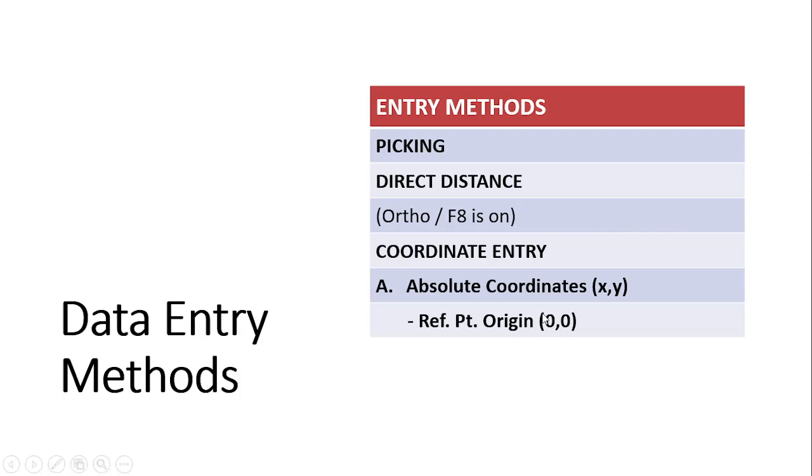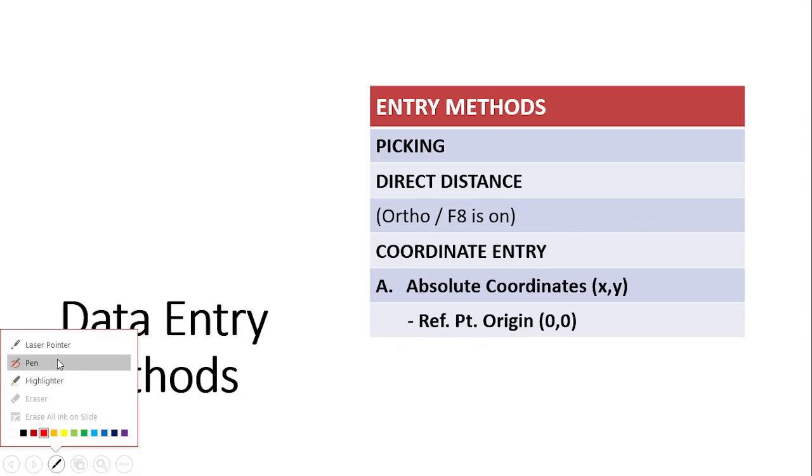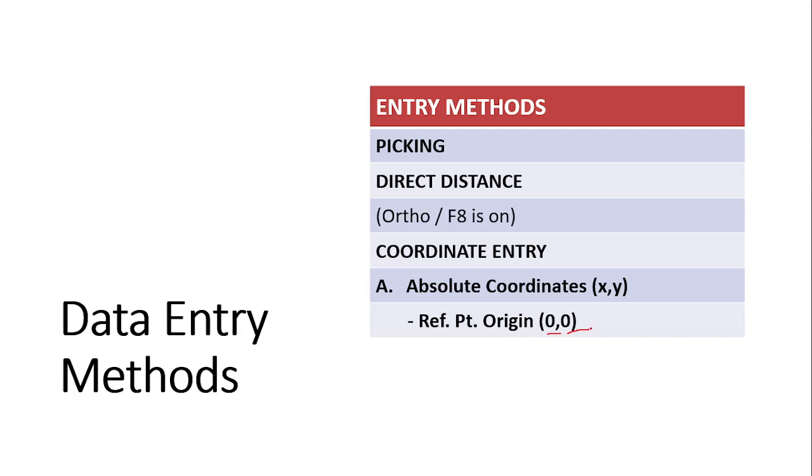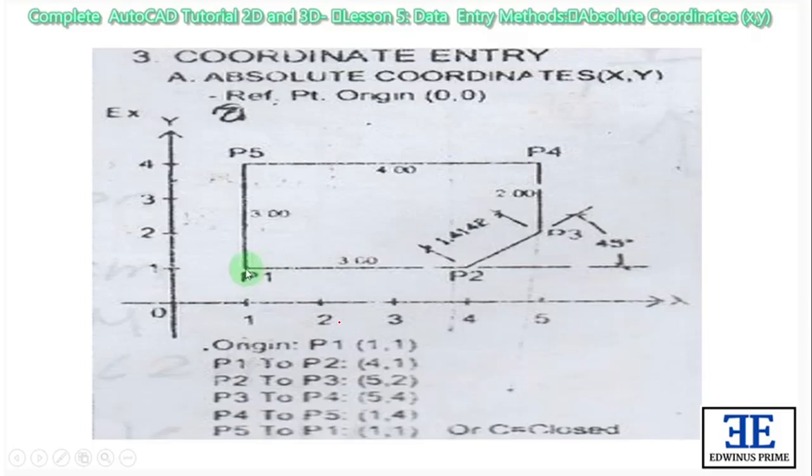So in absolute coordinates, we have here a reference point, which is the point of origin 0, 0. So to test these three entry methods, let's assess the absolute coordinates by applying this sample figure. This sample figure is based from Dr. Arboleda. To draw this figure, we must apply the absolute coordinates x and y by applying these points.